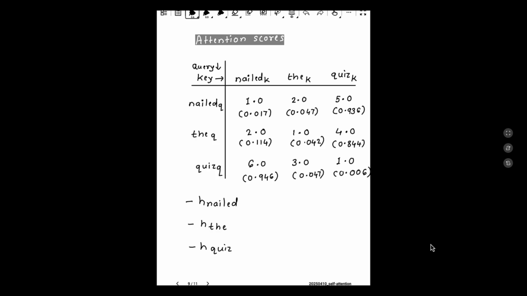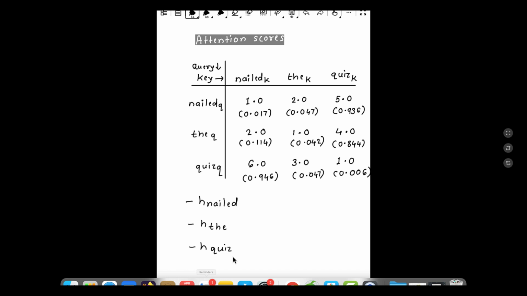Similarly, we create context-aware representations for the tokens the and quiz. For example, if we want to create context-aware representation of quiz, then we take query representation of quiz, we take dot products of this representation with key representations of all tokens in the sequence, we apply softmax to get attention scores, then we use value representations and these attention weights to create context-aware representation for the token quiz.